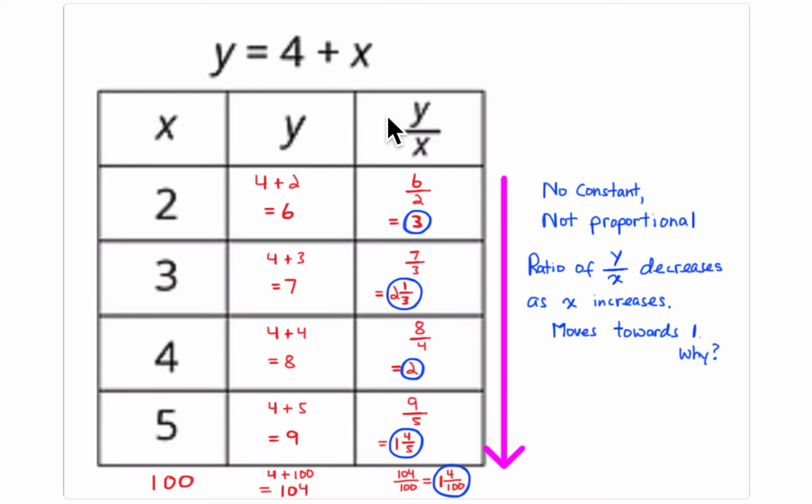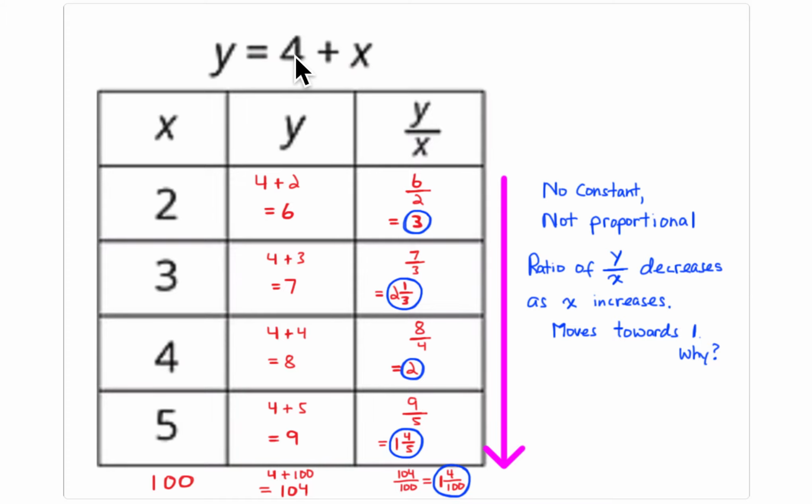So that's essentially 1. You're adding 4 to that. You're not changing this value very much at all. So it's going to get closer and closer to 1 as x gets larger and larger, because adding 4 becomes meaningless. It becomes just very little.